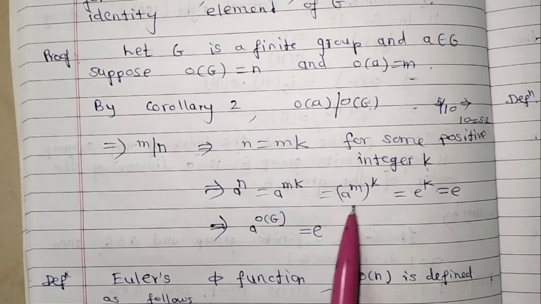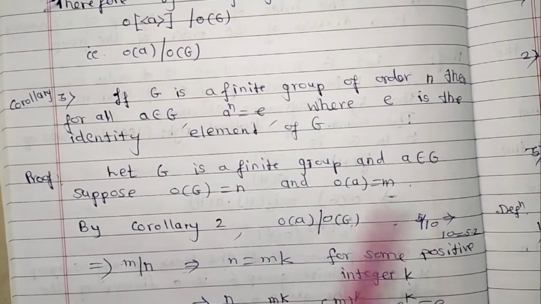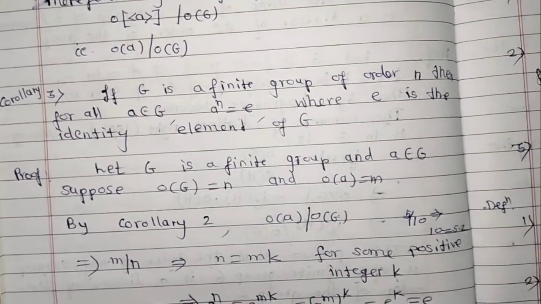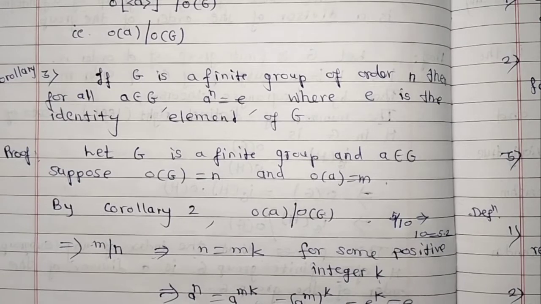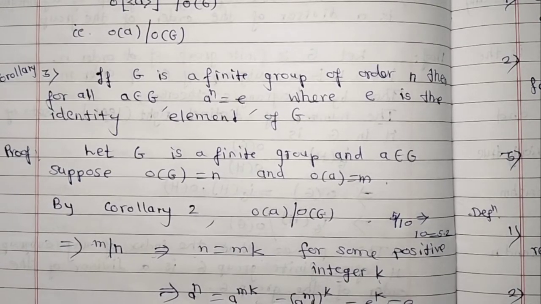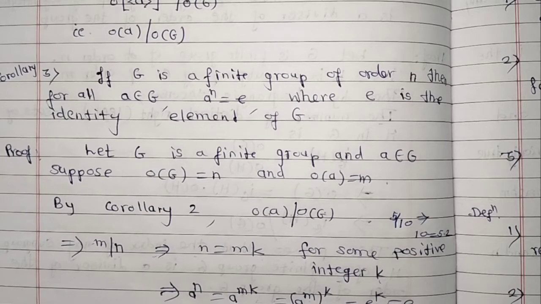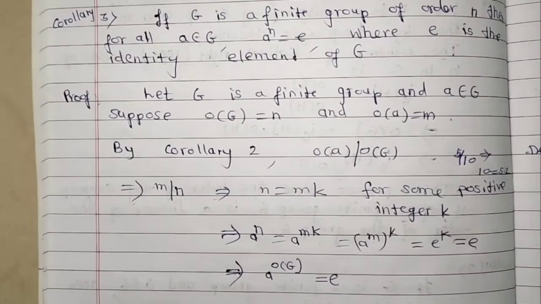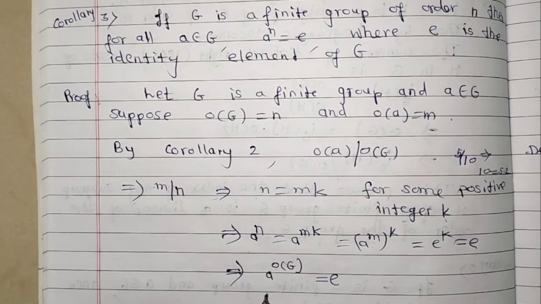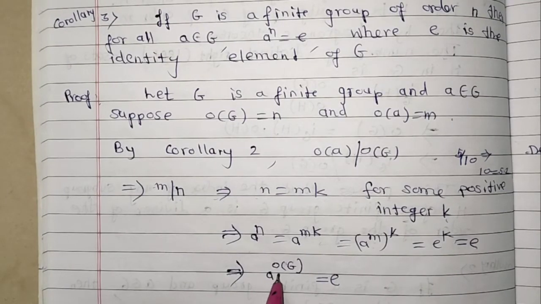This can be written as a raised to m, all raised to k, but a raised to m equals e. So a raised to n equals e raised to k, which equals e. So this implies a raised to the order of G equals e.